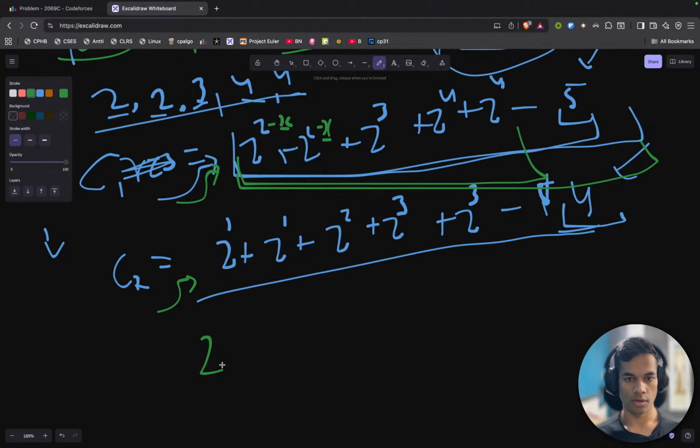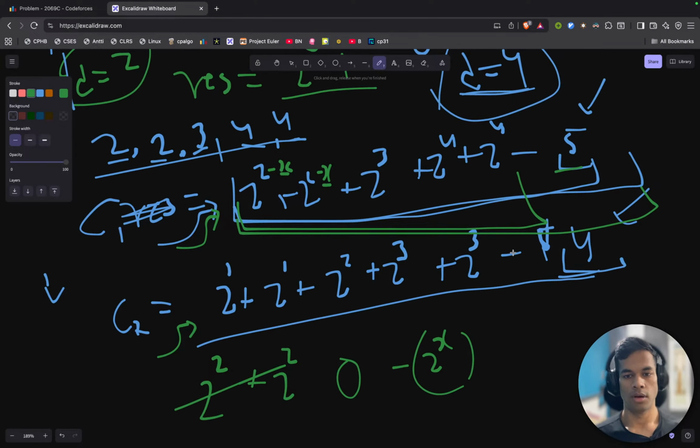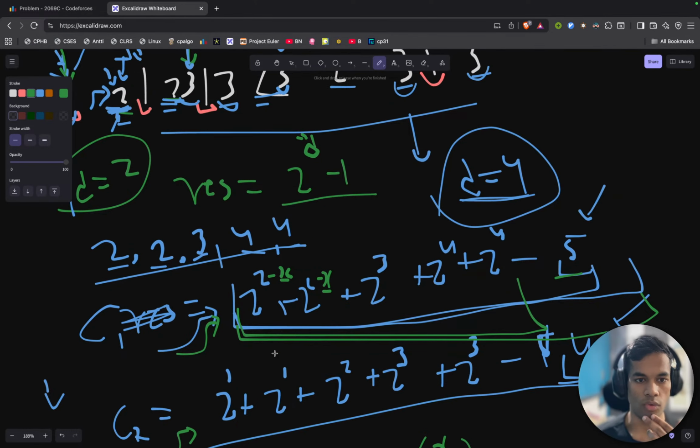Okay, let's see. 2 power original minus x, we can take it away. 2 power, or let's say original number o minus 2 power x, and this is going to be there 5 number of times. 5, yes.